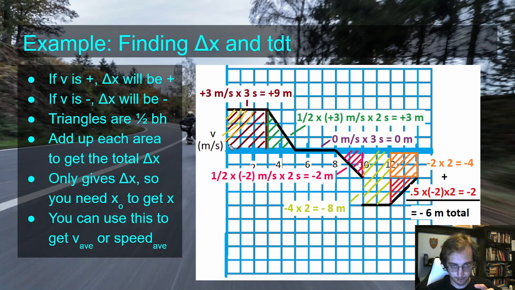So if we look at this section, the base of it is going to be the amount of time that it goes for, which is 3 seconds, right? Keep track of that base because that's going to be what helps you actually make sure you're doing the correct area. There are a lot of really common mistakes that come in here.